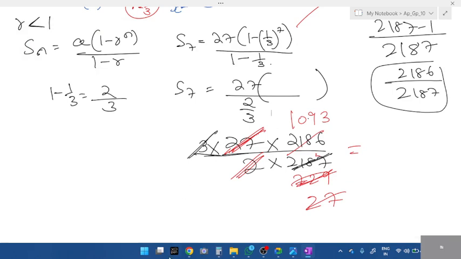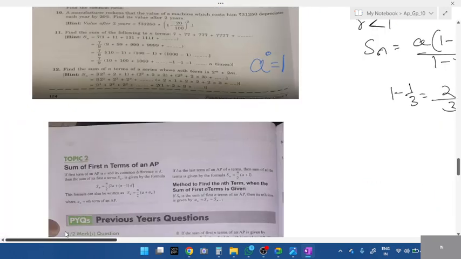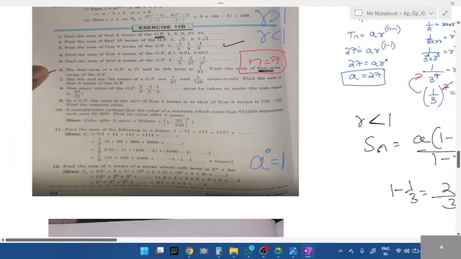Does anyone have the textbook with you, students? Do you all have the textbook? Just check this answer. 11B, sixth question. Find the sum of first 7 terms.